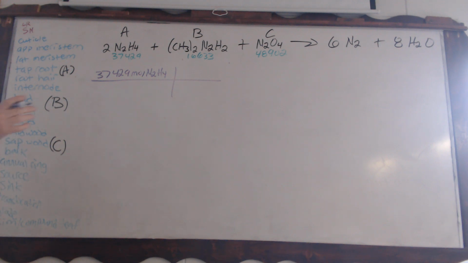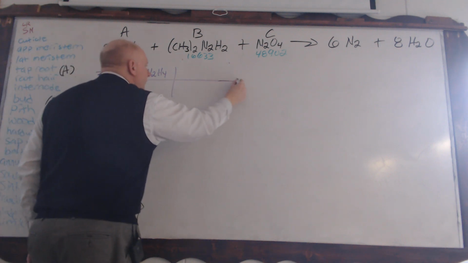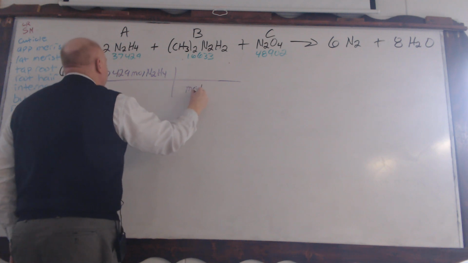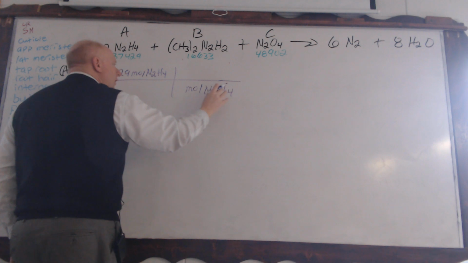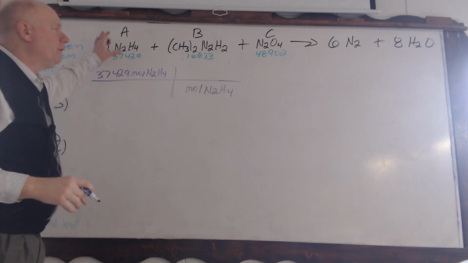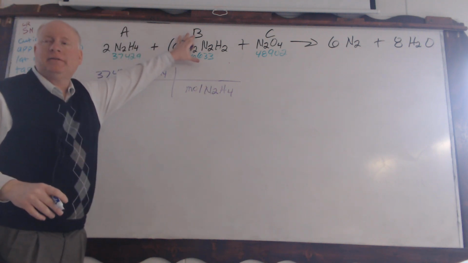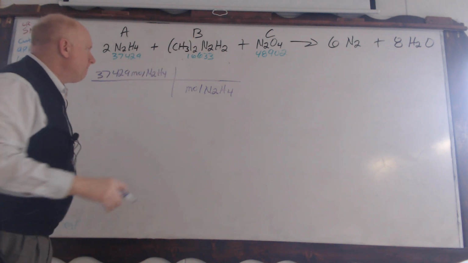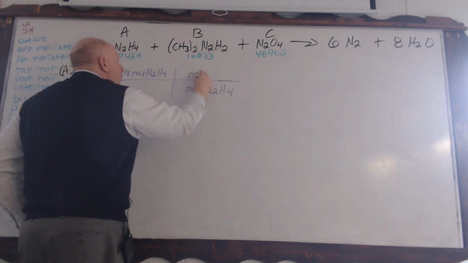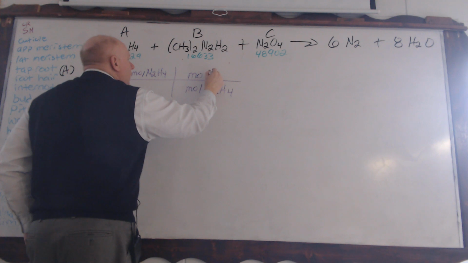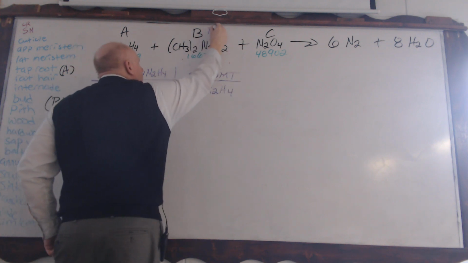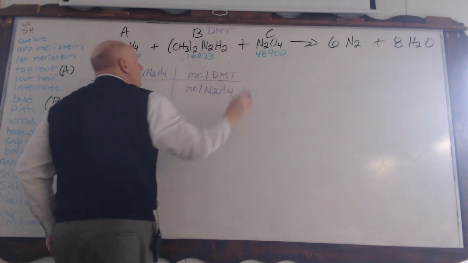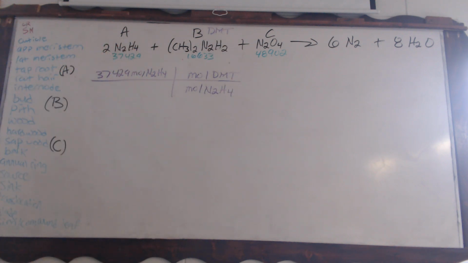Moles of what goes on the bottom? And then what would go on top if we're going from moles of this to moles of that? Okay? So therefore we've got mole of DMT. I'll write that up here. DMT. So we actually know what that means. We're not quite done with that step.